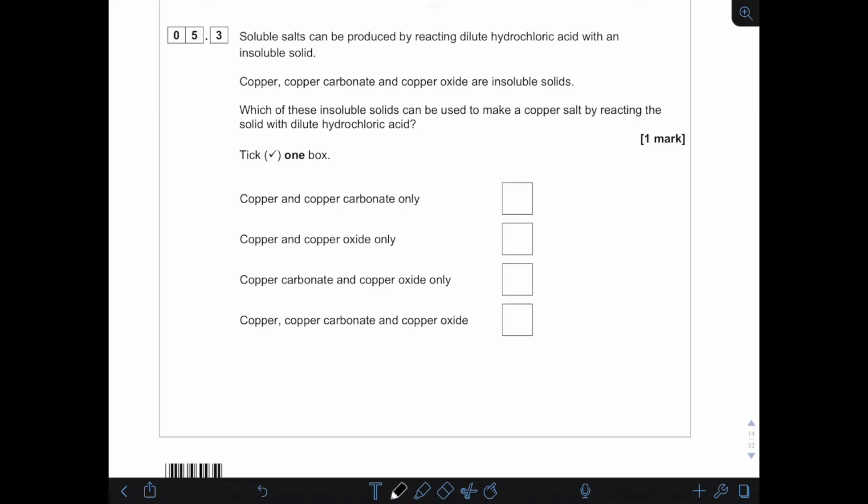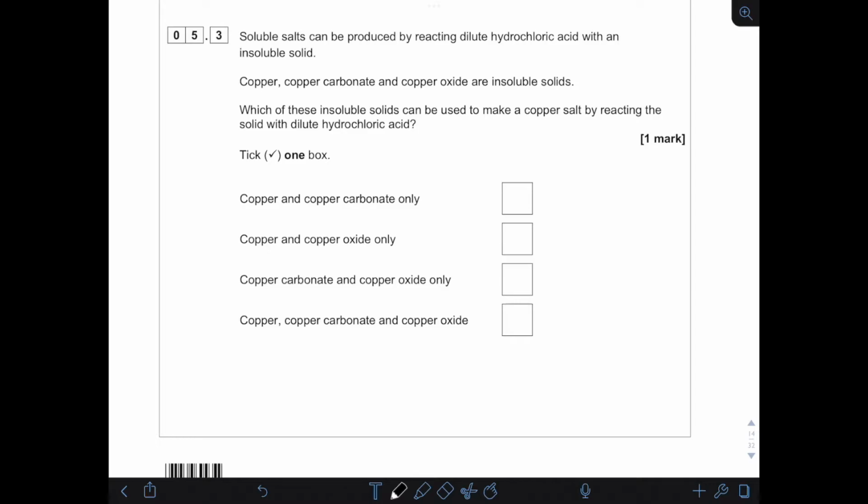Soluble salts can be formed by reacting dilute HCl with an insoluble solid. Copper, copper carbonate, and copper oxide are insoluble solids, and which of them can be used to make copper salt? So acid reacts with metal, we know this, and they make hydrogen gas and metal salts.